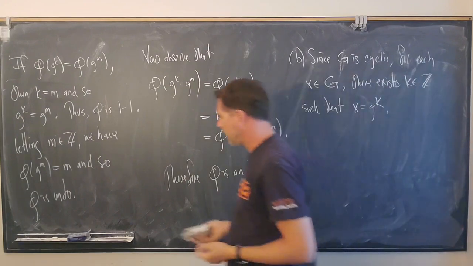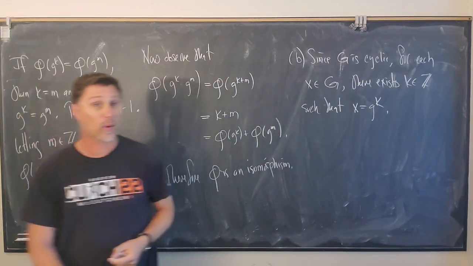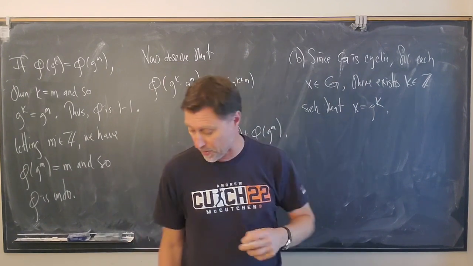So once again, in any cyclic group, each element can be expressed as g raised to some power.